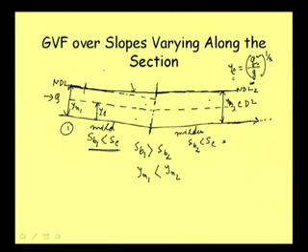Slope wise, it is over a mild slope, so we name it M. So this profile we can name as the M1 profile. This is how we find where the profile will occur and how it will occur.